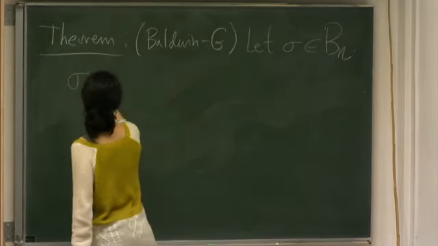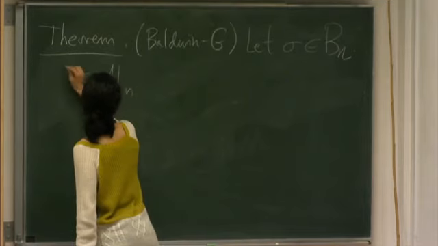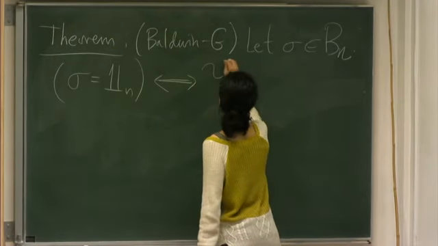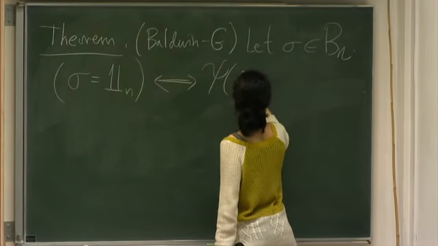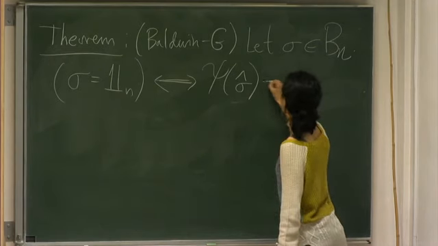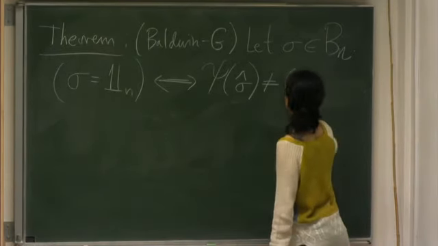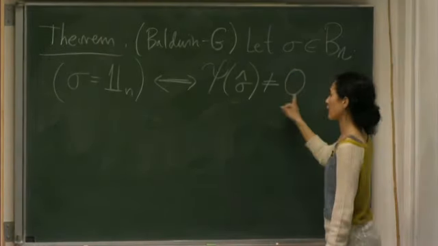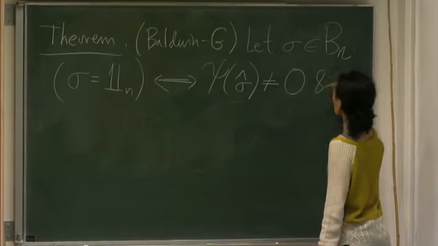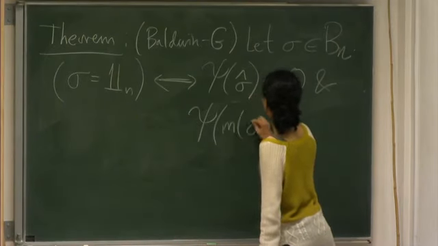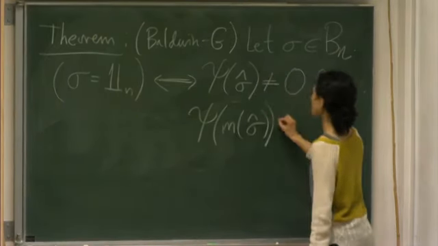Then sigma is the trivial braid if and only if, when you compute the Plamenevskaya invariant, so this is some homology class in Khovanov homology, it's non-zero and the Plamenevskaya invariant of the mirror of sigma is also non-zero.